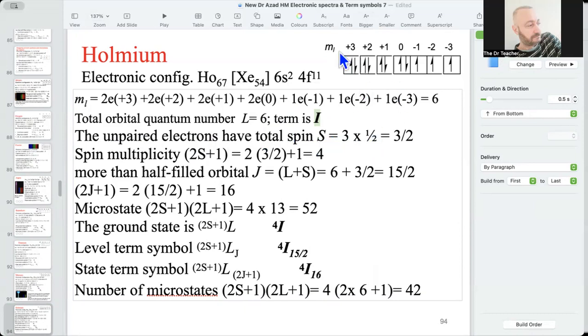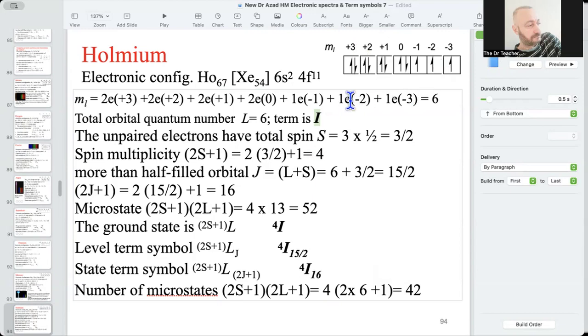Why? Because every half and minus half will cancel each other, so the total spin is 0, 0, 0, 0. The remaining is half and half and half, in total 3 over 2. So now 2S plus 1 is 2 times 3 over 2 plus 1, which is 4.